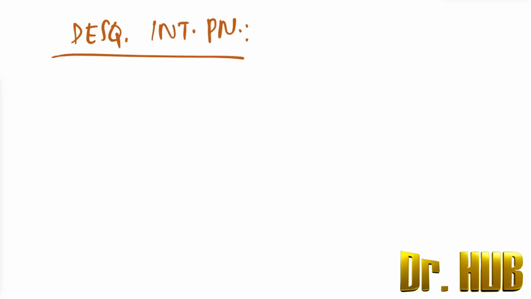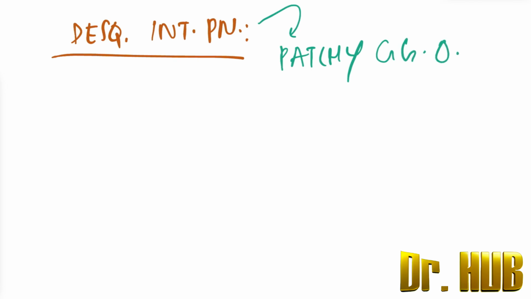Then we move on to desquamative interstitial pneumonia, which presents with patchy ground glass opacities.